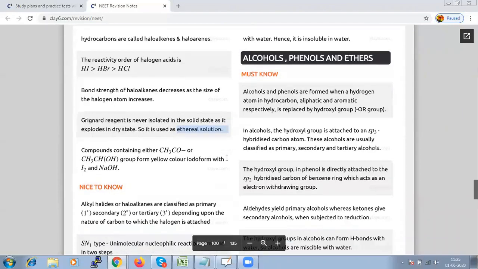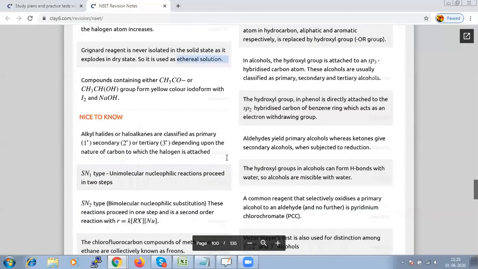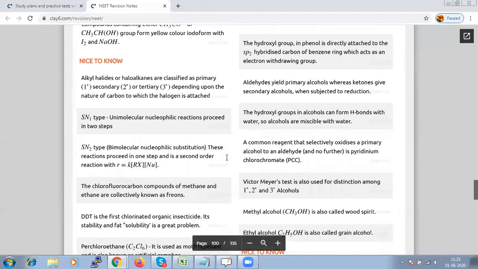And of course, alkyl halides or haloalkanes are classified into three types, that is primary, secondary, and tertiary, depending upon the nature of the carbon to which the halogen is attached. SN1 is unimolecular nucleophilic substitution reaction, SN2 is bimolecular nucleophilic substitution reaction.